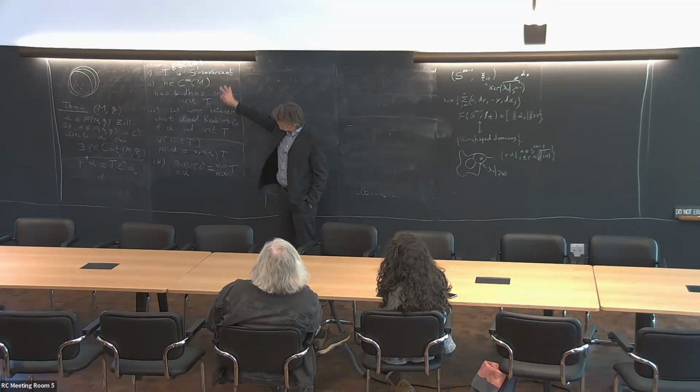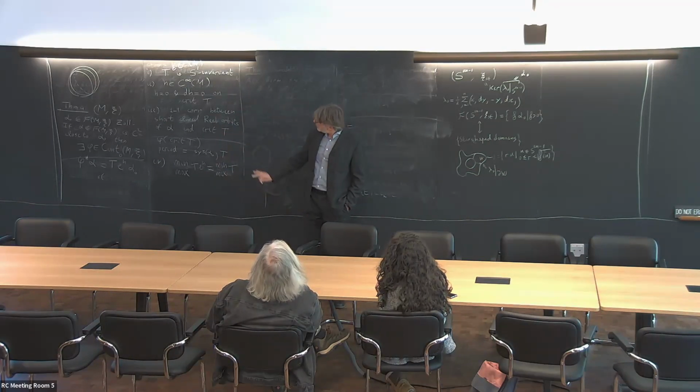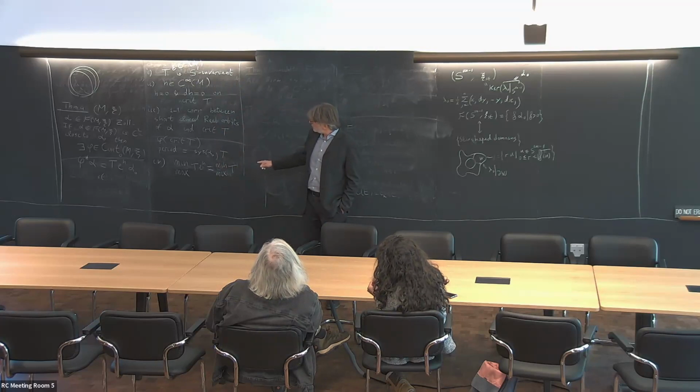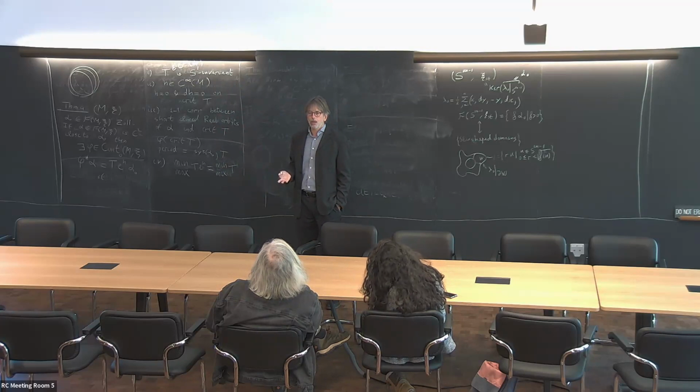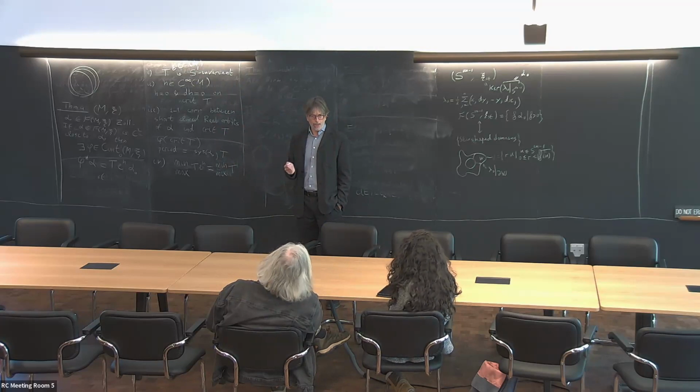So this theorem is, if you want, the flow version of what happens when you have a symplectomorphism which is close to the identity, then it's generated by a quasi-autonomous Hamiltonian.